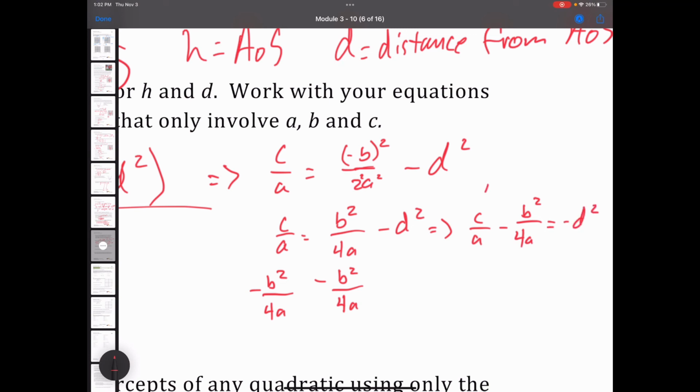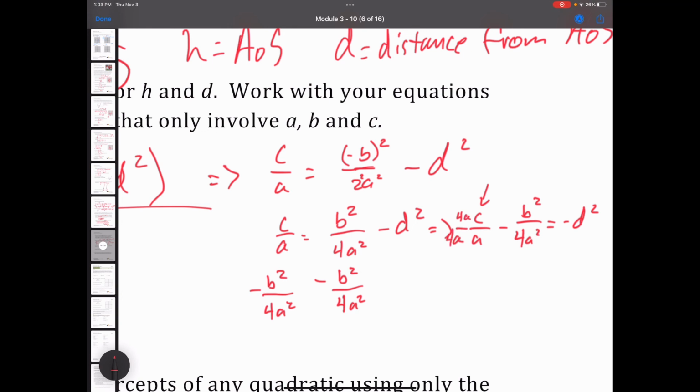I should get like terms over here, so I'm going to multiply by 4a over 4a.